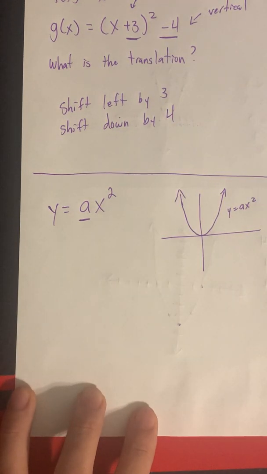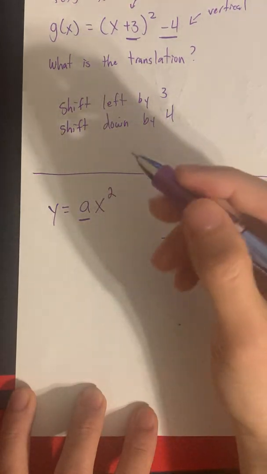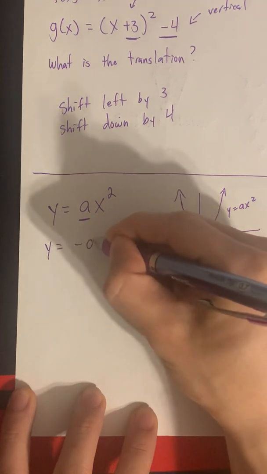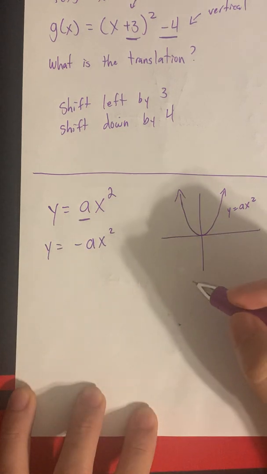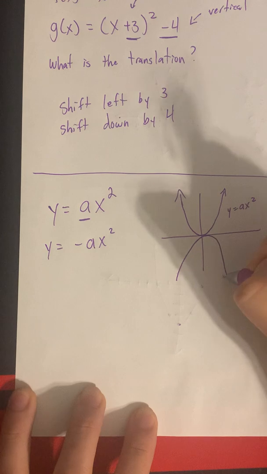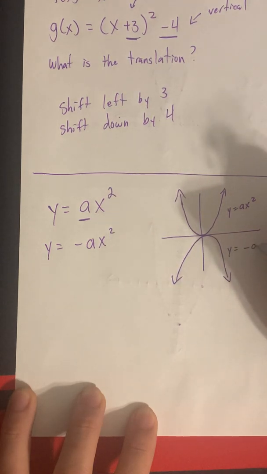What will happen if this a value changes? Let's say we have y is equal to negative ax squared. If a is negative, it's going to be upside down. It's going to look like this.